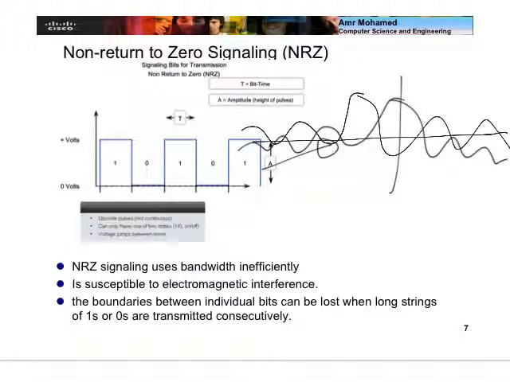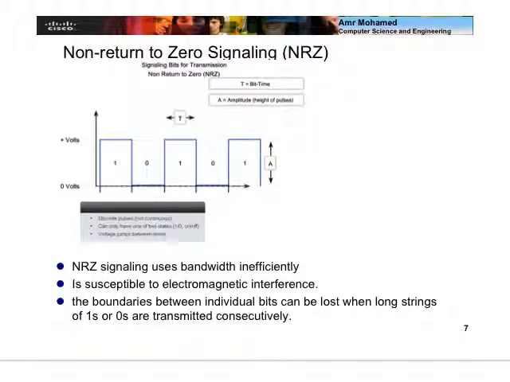This is reflected, for example, in the time domain, if you have any noise in the signal itself. So when you receive the signal on the receiver side, this signal becomes sometimes like this.